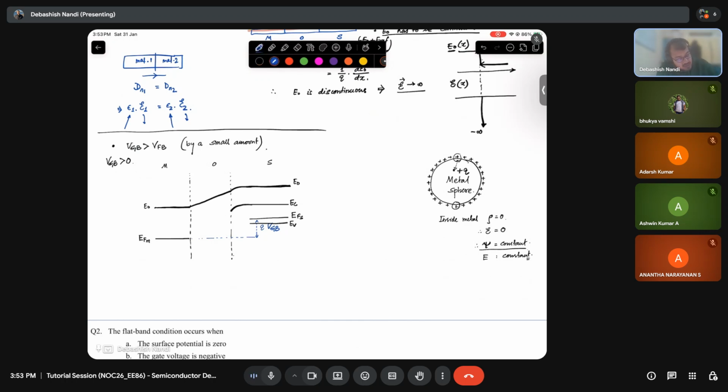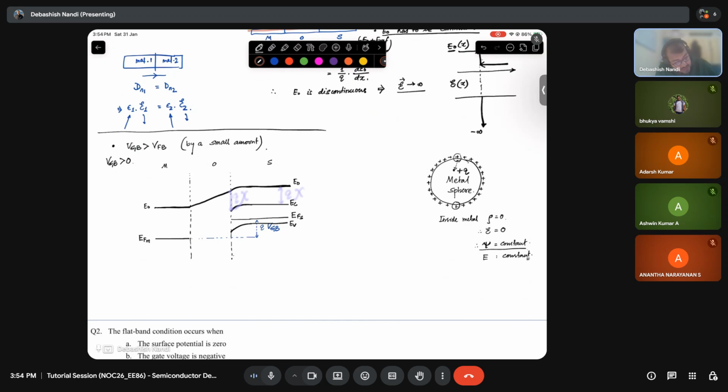Why so? Because at this location it is q chi. Similarly, at this location also it is q chi, because it is a material property. Fine. Similarly, my EV will also bend, right?